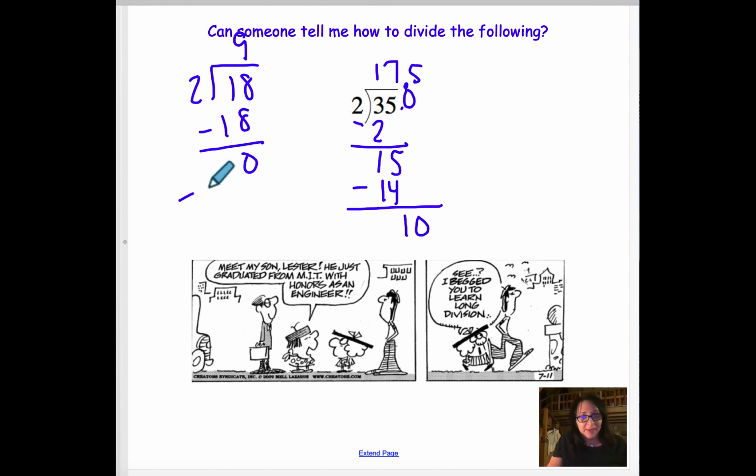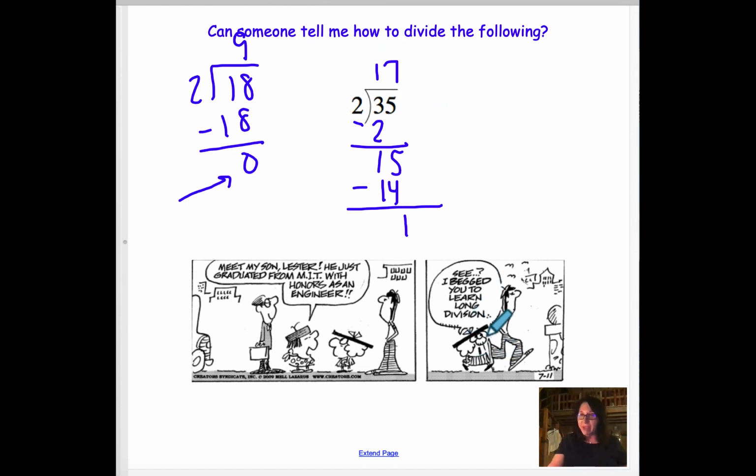Subtract, I get 0. If I have a 0 as a remainder, that means that 2 is a factor of 18. But if I don't have a 0 as my remainder, if you remember when we were doing this, we didn't add that, and we had a 1 as a remainder. So that means that 2 is not a factor of 35.